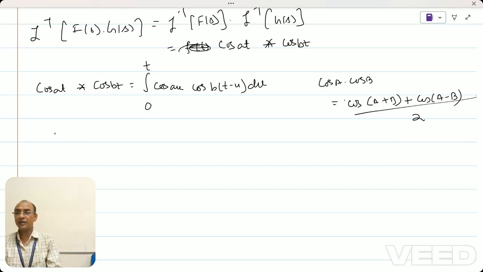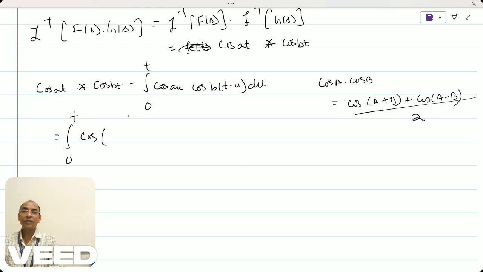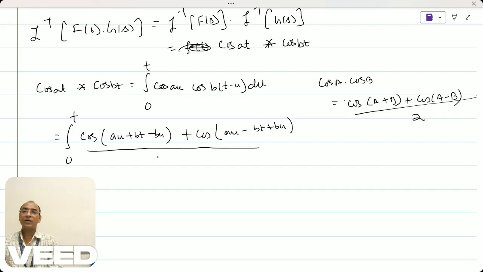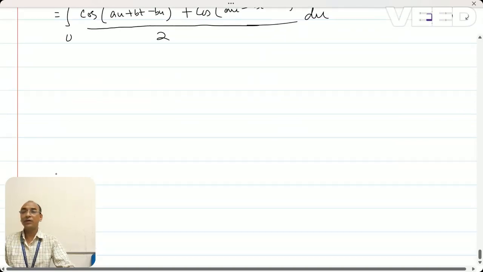And so what we will get here, integration 0 to t, cos of au plus bt minus bu plus cos of a minus b, cos of au minus bt plus bu, divided by 2, and we will integrate it with respect to u.